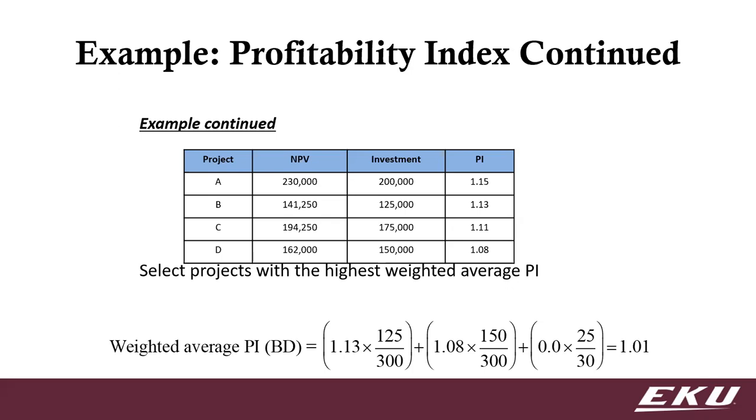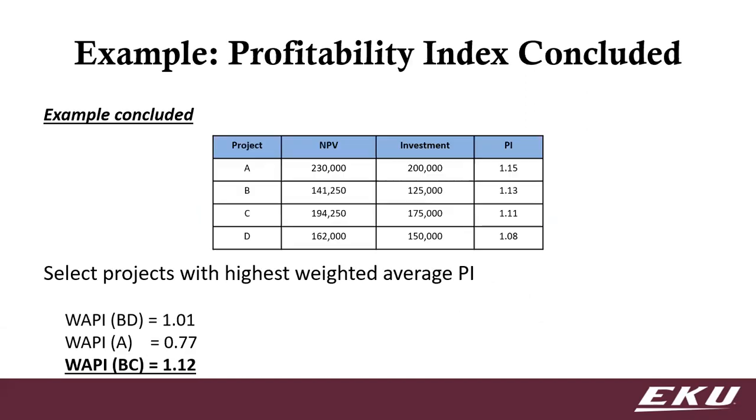Once we get that weighted average, we can go back and look at how these compare to that, and select the projects that have the highest weighted average profitability index, which in this case are B and C. That would be the projects that would give you the highest return for your investment, right?